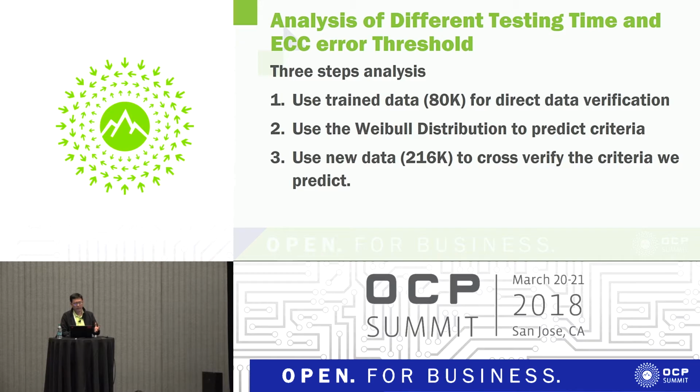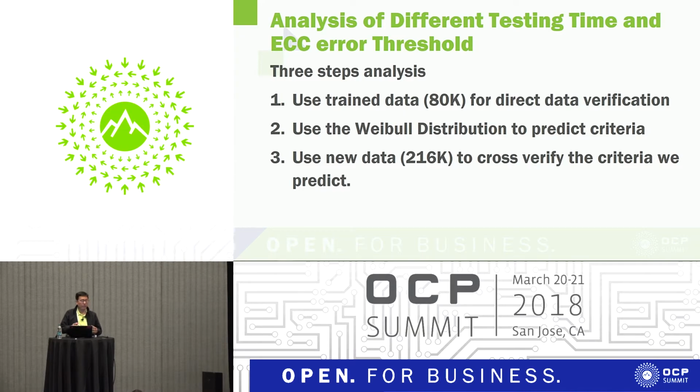Okay, we use 80K modules as trend data. We do the first direct data verification, try to find any relationship between those parameters, and we use the Weibull distribution to predict criteria. As the curve you see on the figure, it can predict the correct parameter we can use.